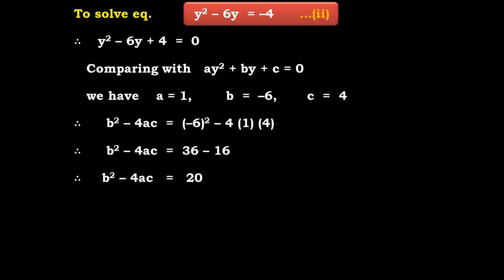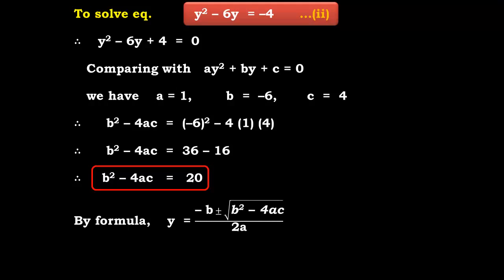So we can find y by using the formula minus b plus or minus root of b square minus 4ac upon 2a. So we can substitute the values of b, b square minus 4ac and 2a. So we get y is equal to minus of minus 6 plus or minus root 20 upon 2 into 1.